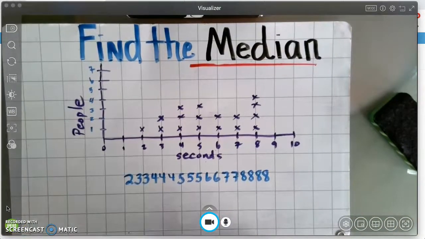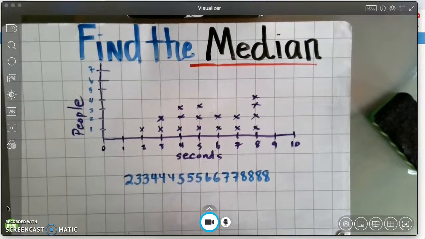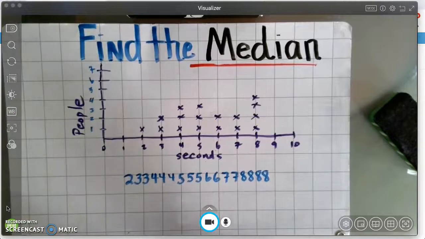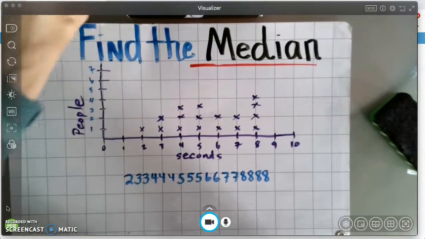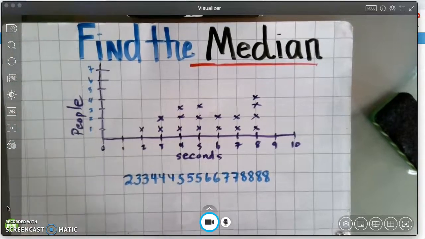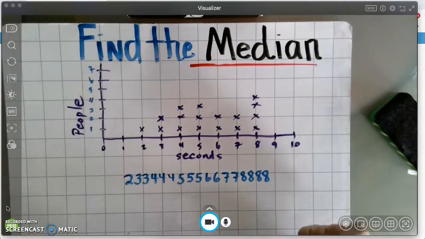And finally, finding the median. One way that we can do this, which is a little more tricky, is you're going to try to find what's in the middle. You've noticed that I have all my data laid out. What I'm going to do is start crossing them out alternately from each end.